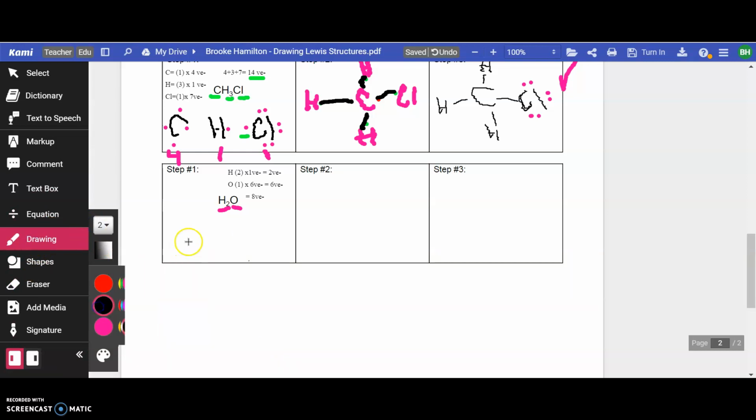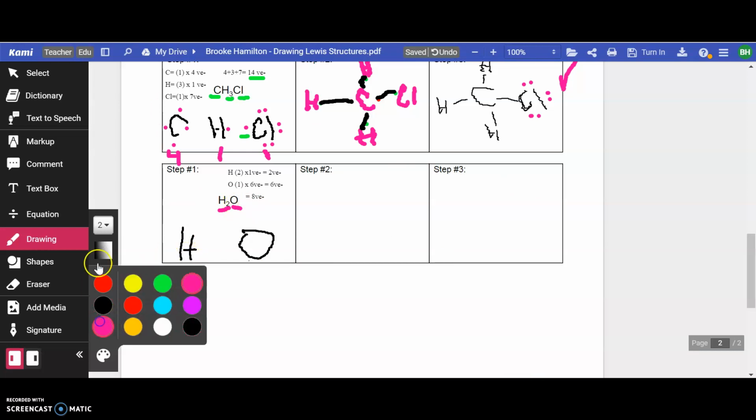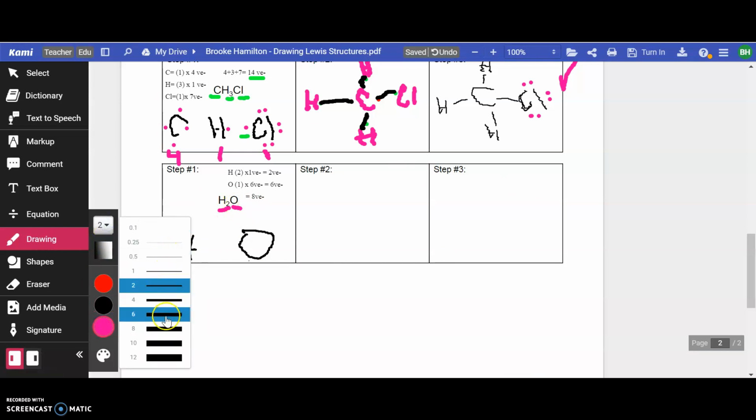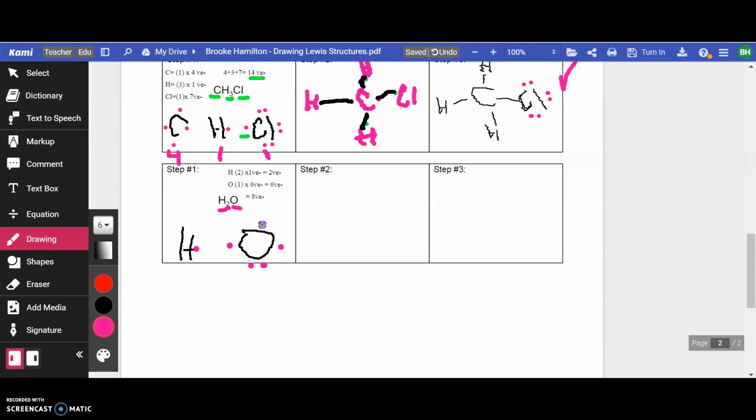So we're going to draw our hydrogen and our oxygen, remembering that we have to double check. We have 2 hydrogen and 1 oxygen here. Hydrogen has 1 valence electron. Oxygen has 6. So we have 1, 2, 3, 4, 5, and 6.